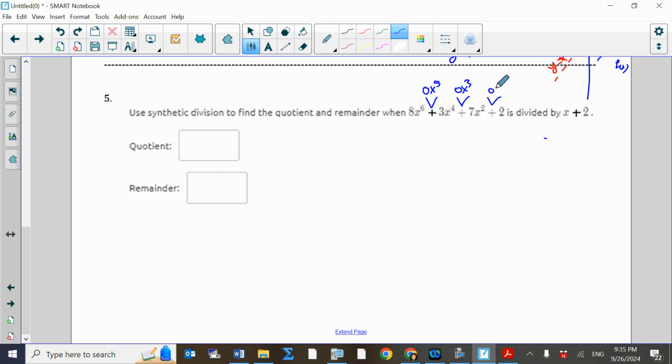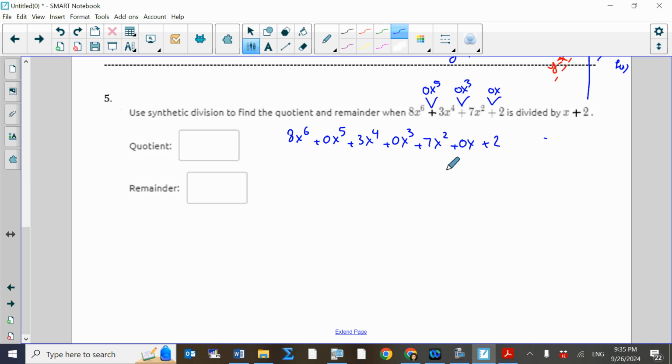This one we add x to the 1, which you don't have to write the 1. So the new expression is this: 8x to the 6 plus 0x to the 5 plus 3x to the 4 plus 0x to the 3 plus 7x squared plus 0x plus 2.